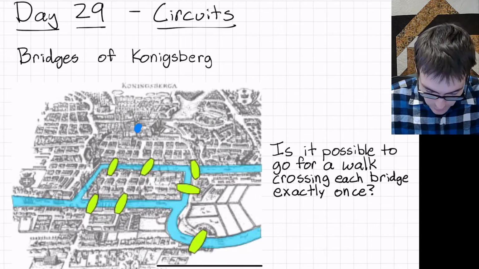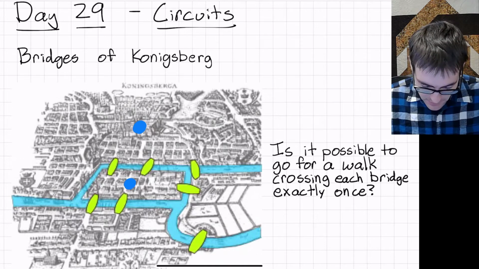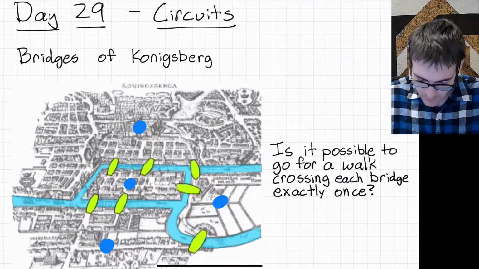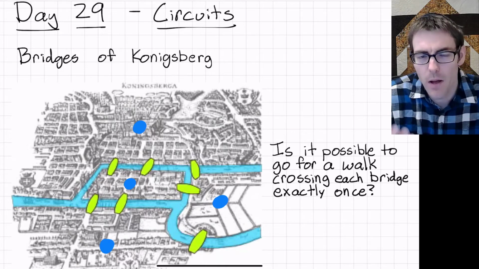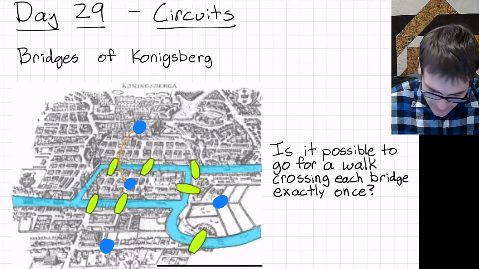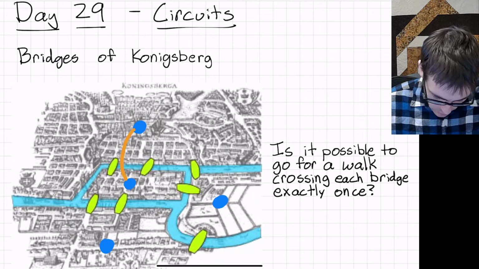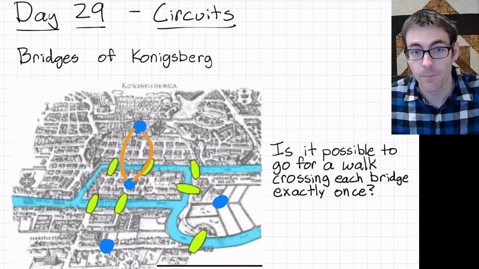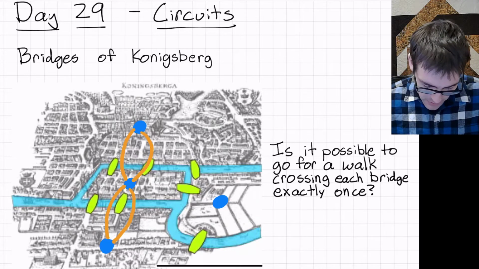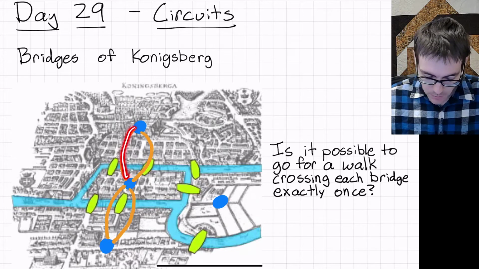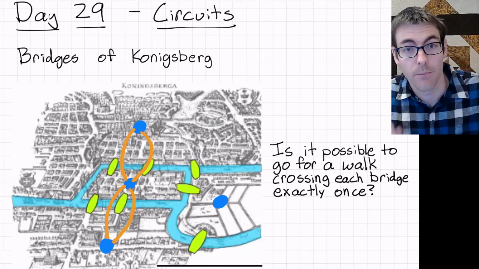So we are going to, as with the maps, give each landmass a vertex, and between vertices draw edges that correspond to the bridges. So we are going to connect two vertices if they have a bridge between them. And notice that our graph is not simple because we have multiple edges going between a given pair of points.